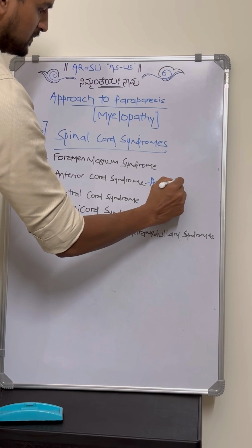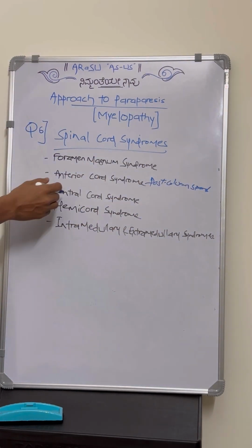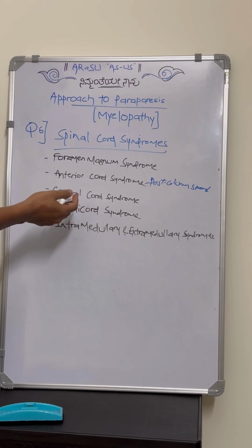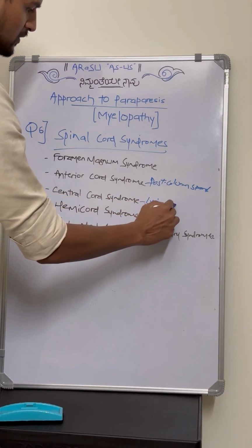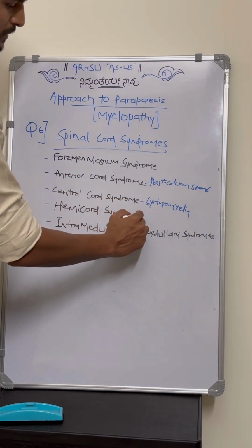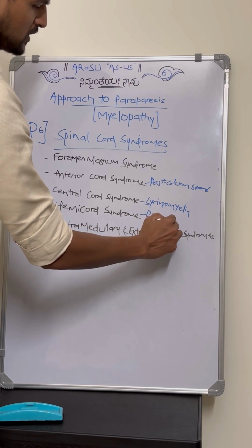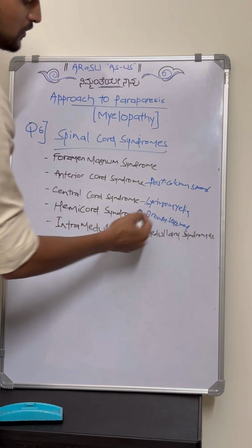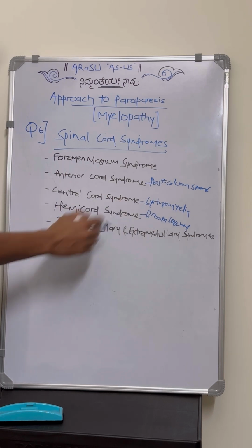Posterior column spared. That we have to keep in mind. Central cord syndrome, I hope you all know about syringomyelia. So that will fit into this syndrome. Then hemicord, probably you have heard about Brown-Sequard hemicord syndrome.